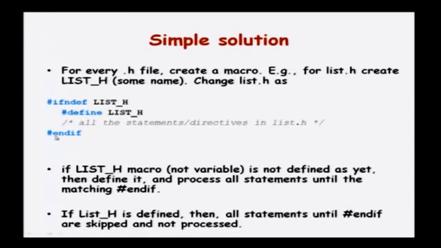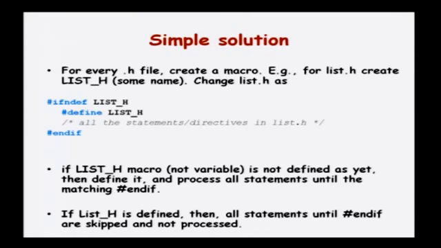Now, what happens is that suppose list.h is included for the first time in p1.h, then LIST_H is not defined. So, it will define LIST_H and then include list.h in p1.h. Now, p2.h includes p1.h and list.h.